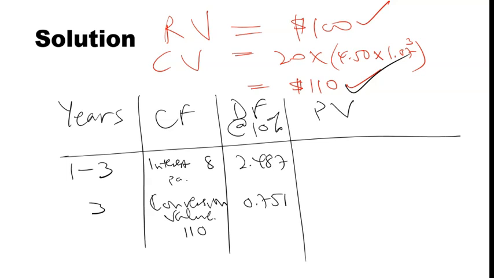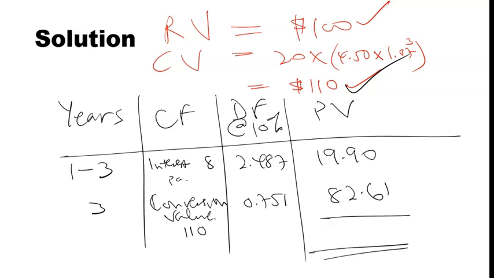So 8 multiplied by 2.487, we're going to get 19.90. And then 110 multiplied by 0.751, we're going to get 82.61. And if we add these figures up, we get our market value. So the market value is going to be 102.51.